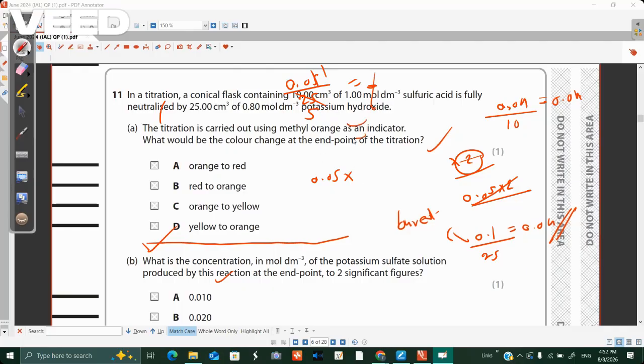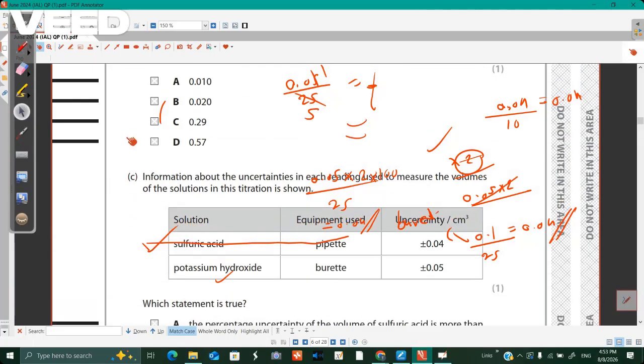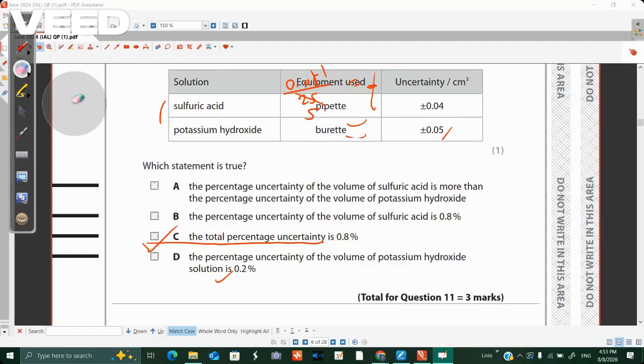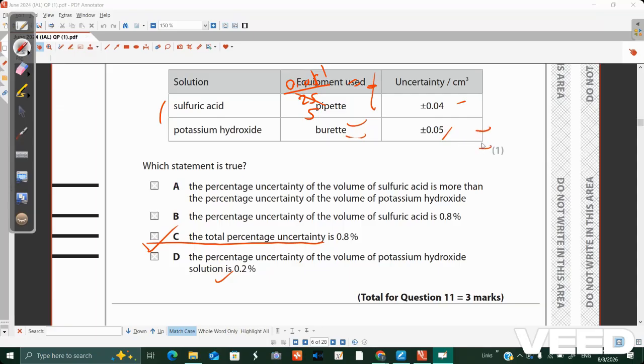You are making the measurement two times. So 0.05 multiplied by 2 over measured volume is 25. So when you multiply it by 100, it is again 0.04. So when you add them together, it is becoming 0.08. So therefore, C is correct, right? The reason is in the pipette you are measuring only at one place, in burette you are measuring in two places, right?